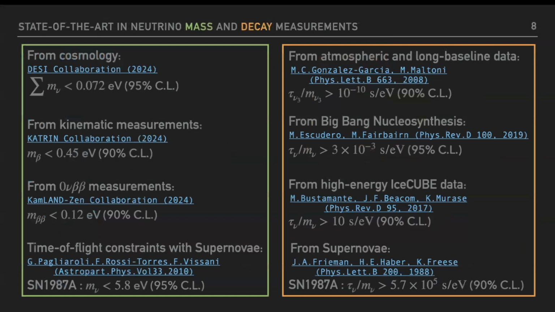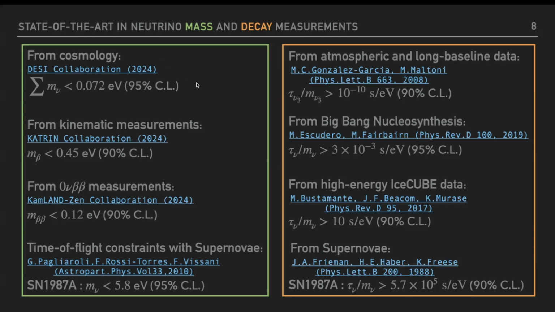Before presenting the results, I'm summarizing in these slides the current state of the art regarding the neutrino mass measurement on the left and the neutrino decay measurement on the right. You see that nowadays we have a lot of constraints that have been put by different experimental collaborations, exploiting different experimental techniques and looking at different neutrino sources.